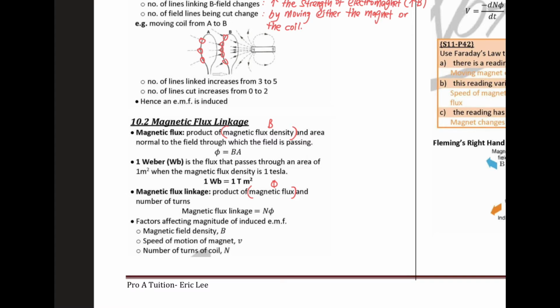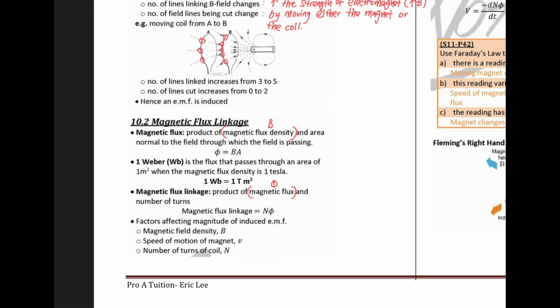So you know magnetic flux density already, and what they said here is the product of magnetic flux density and area normal to the field through which the field is passing. Then they give us a formula.